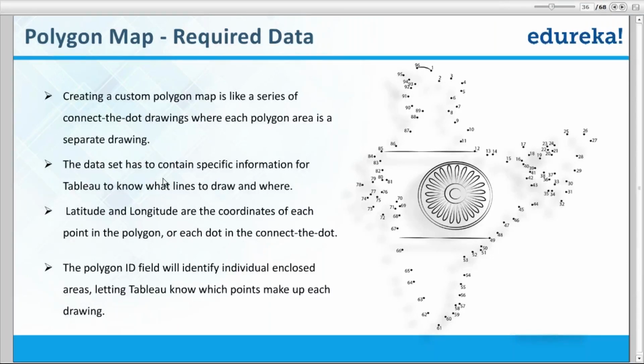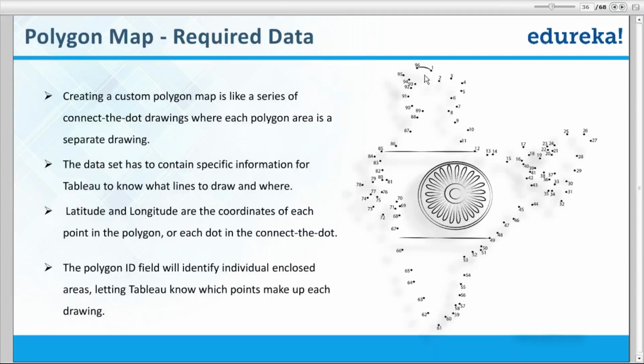Prior to informing Tableau that you need to draw this, the data set has to contain specific information. What specific information? What lines to draw, and where to draw the line; I need to define that. I also need to define my latitude and longitude coordinates for each and every point in the polygon.